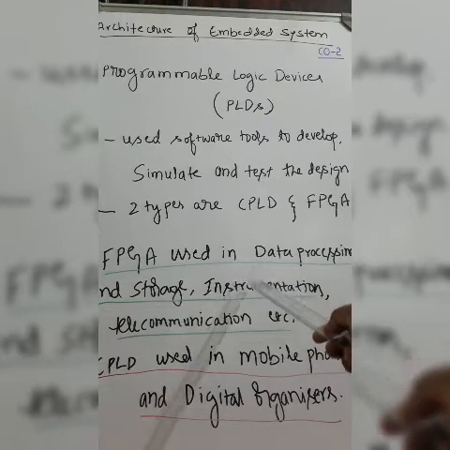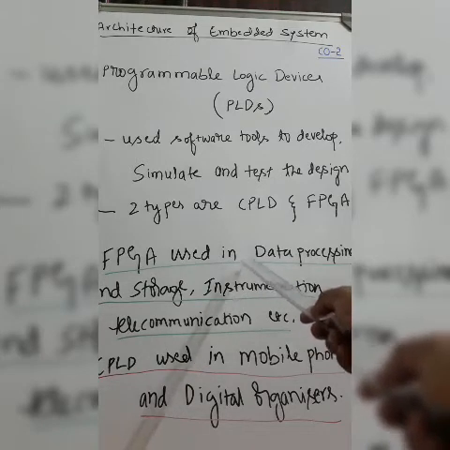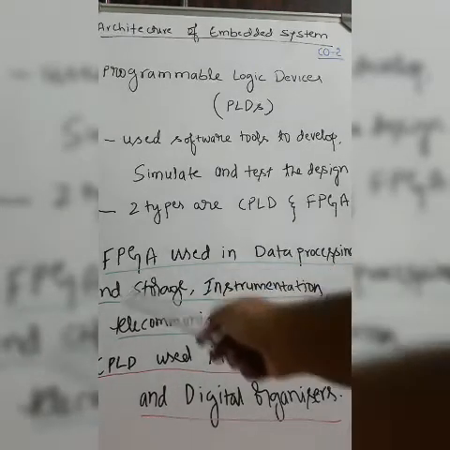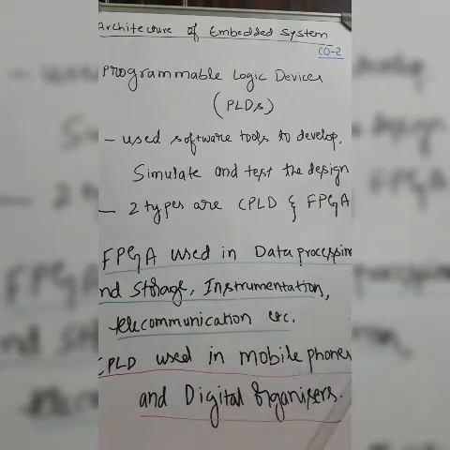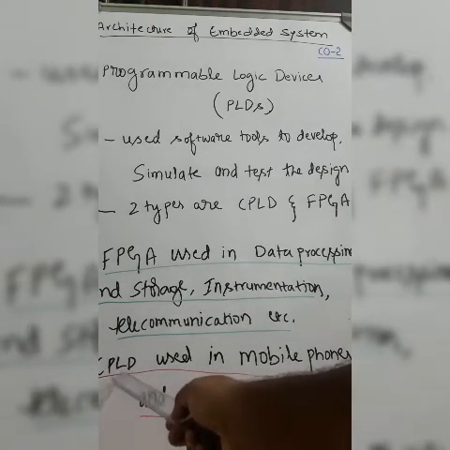That means you will have more gates per unit area of the chip in FPGA. Whereas CPLD is used in mobile phones and digital organizers, but this provides fewer gates.